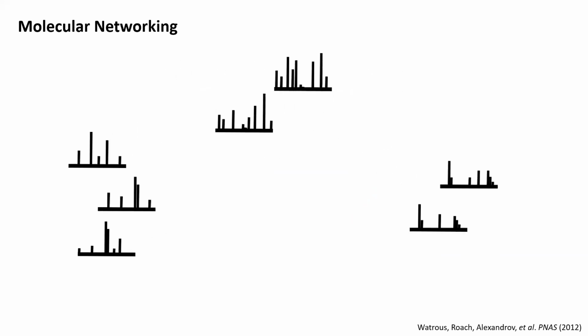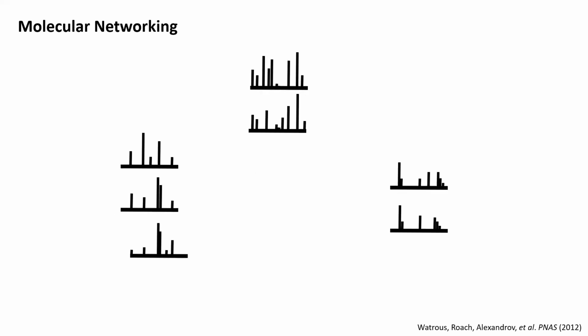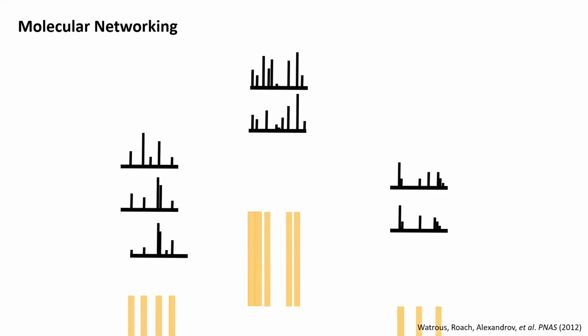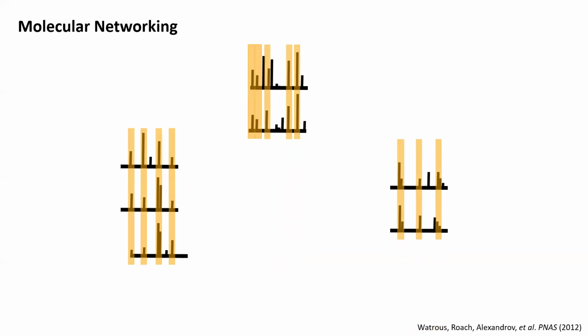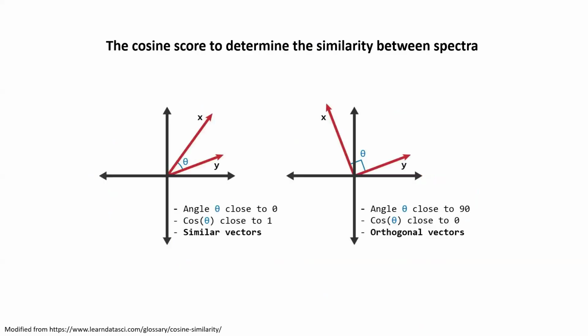But let's go back. What does molecular networking do? Basically, molecular networking couples all the spectra based on their similarity, as we already learned, based on the cosine score relationship between them. I will skip the details about the cosine score because we don't want to go really into it.